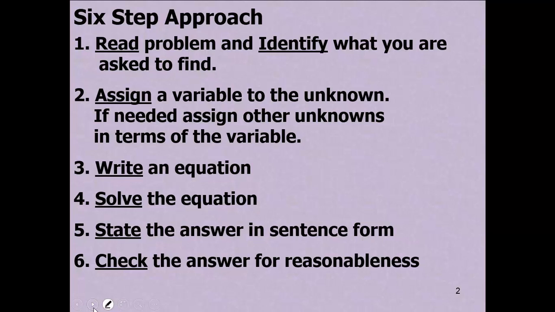Then I'm going to assign a variable, a letter, to something that is unknown. I may have to assign more than one unknown, but it will always be in terms of a single variable, kind of like what we did in the last section. Then I'm going to use that to write an equation. Then I'm going to solve the equation. We're going to state the answer in sentence form, and then check the answer for reasonableness.